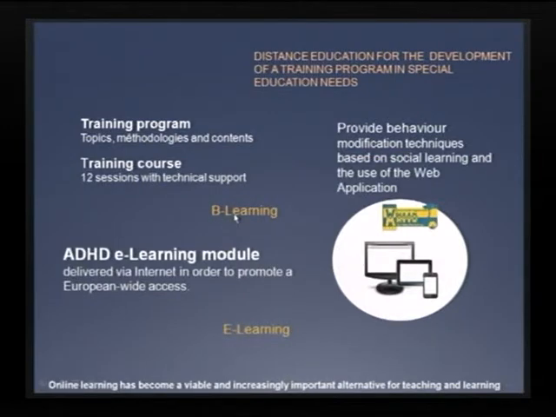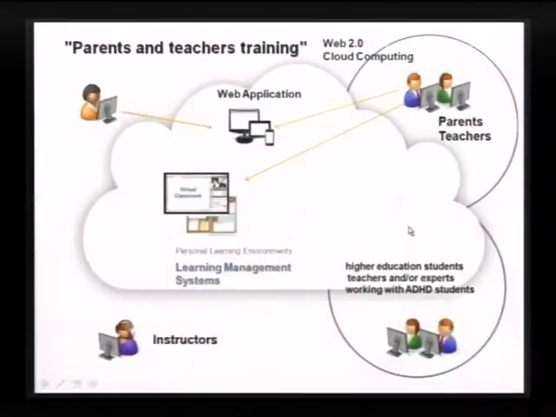That means a mix of presence and distance training. And we are also supposed to build an e-learning module to provide behavior modification techniques based on social learning and the use of web applications for this project.